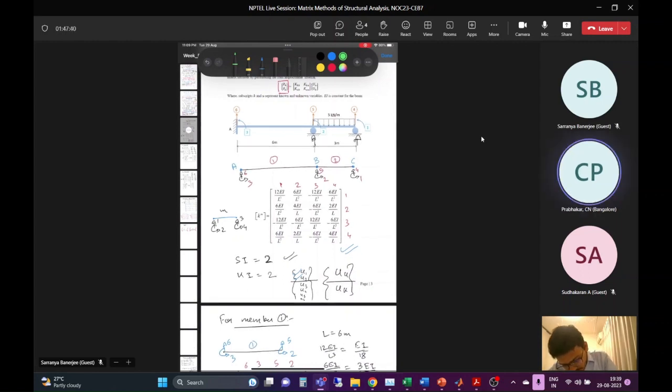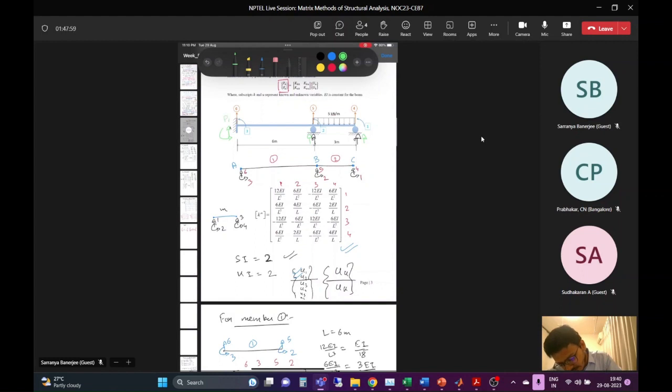Fixed end moment reactions. Yes, we get a reaction here, here and here. So what could be the reactions? We will number our reactions the same as the degrees of freedom, just to understand in which direction and which reaction we are talking about.